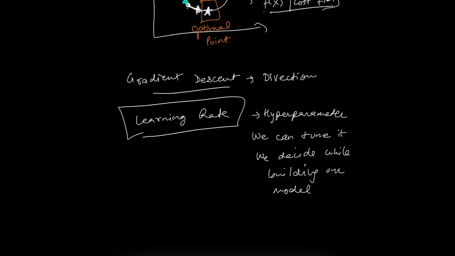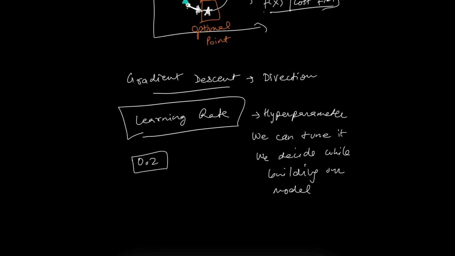And what it does basically is, let's say we give it a value of 0.2. This learning rate tells us how much will we update our weights.